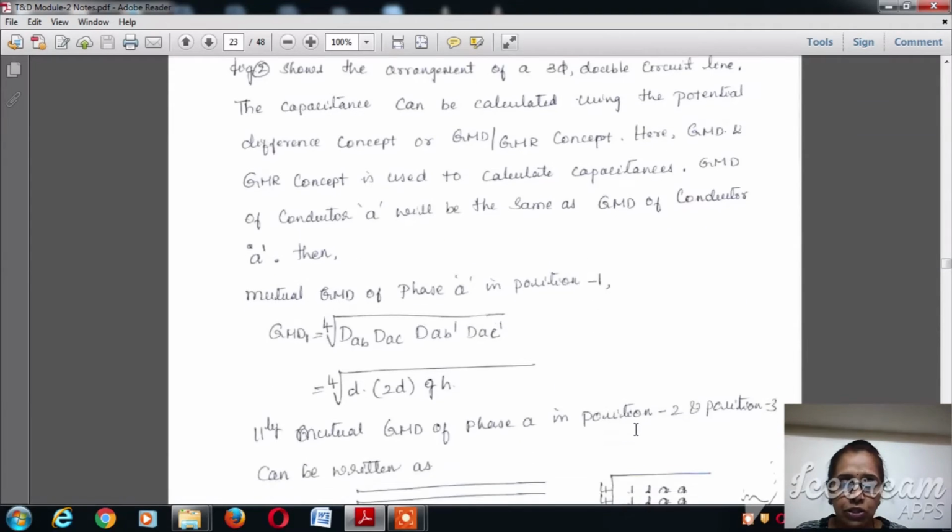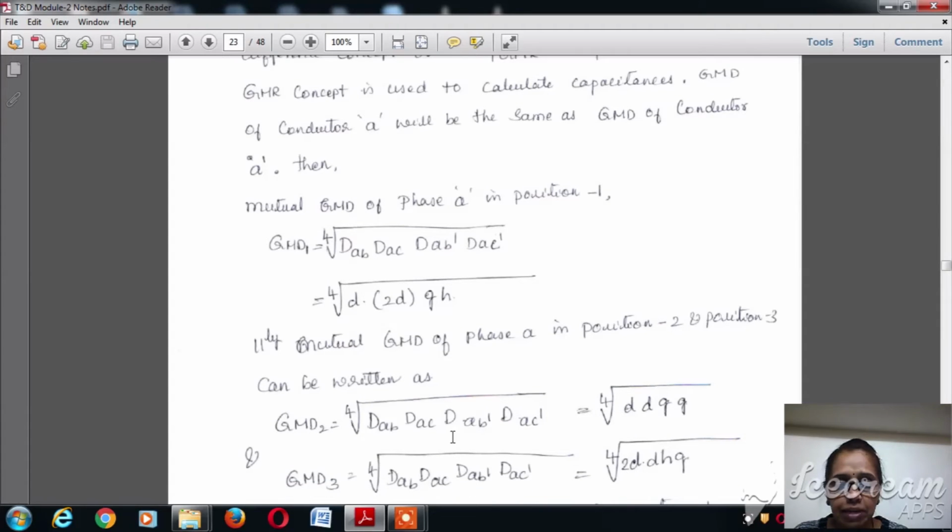So in position 2 it is again DAB, DAC, DAB dash, DAC dash. Now the distance DAB is D, DAC is also D, DAB dash is G and DAC dash is G.